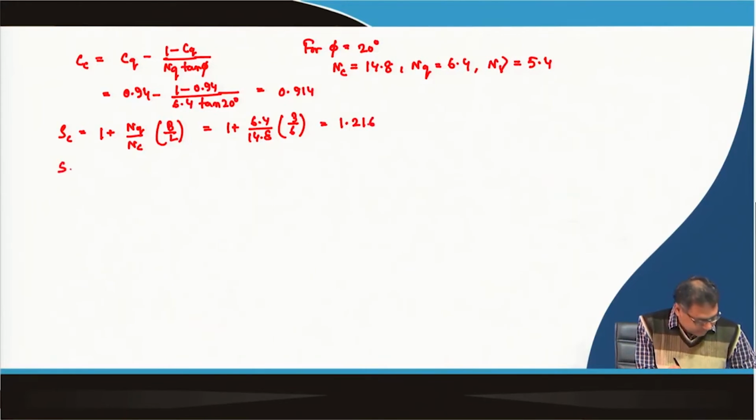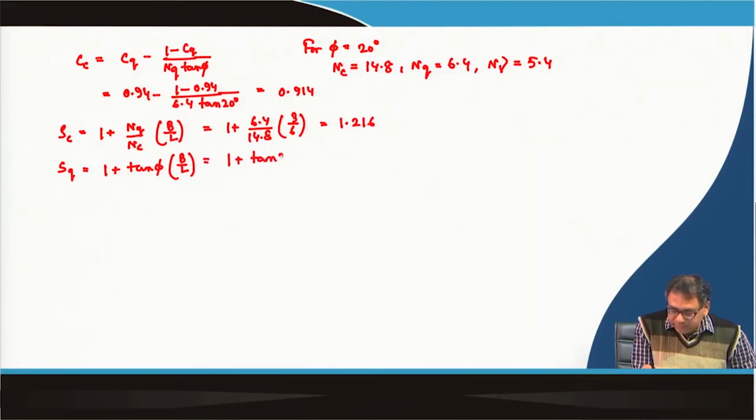Now, Sq is equal to 1 plus tan phi B by L, which is 1 plus tan 20 degrees into 3 divided by 6, which is 1.182.